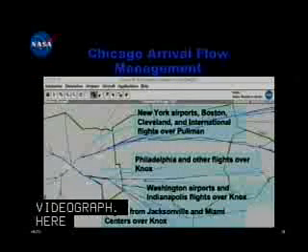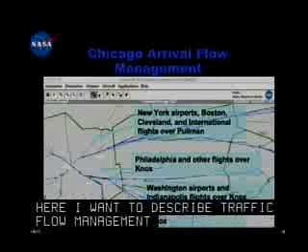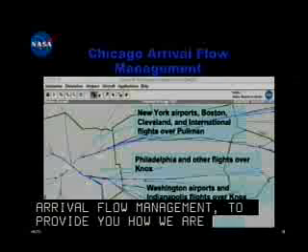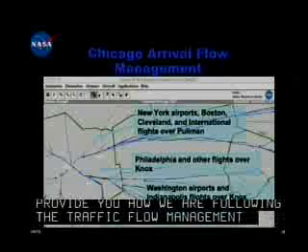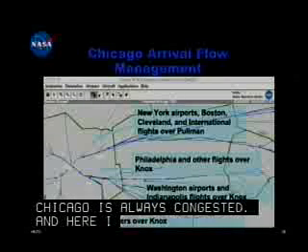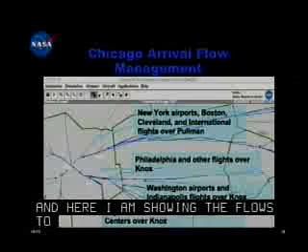Here, I want to describe the Chicago arrival flow management, to show how we are approaching the traffic flow management optimization. Chicago is always congested. And here I am showing the flows to the Chicago airport through two fixes, Pullman and Knox, for flights coming from the East Coast.